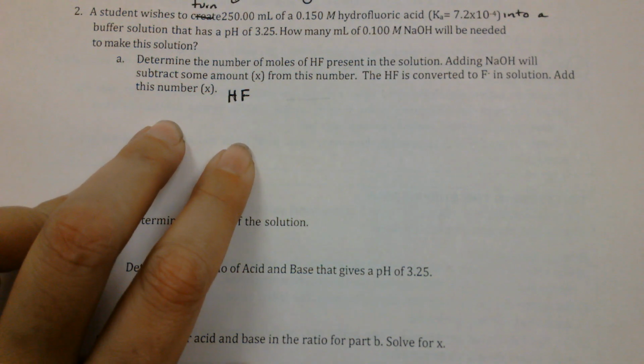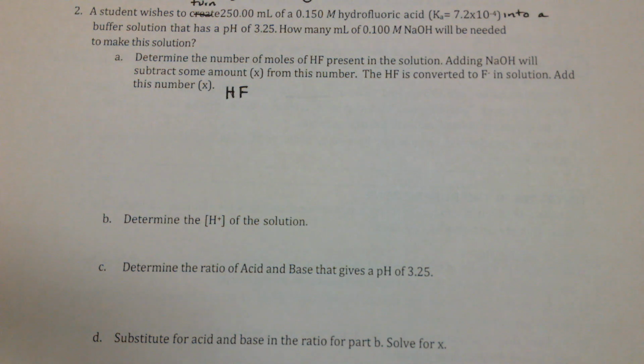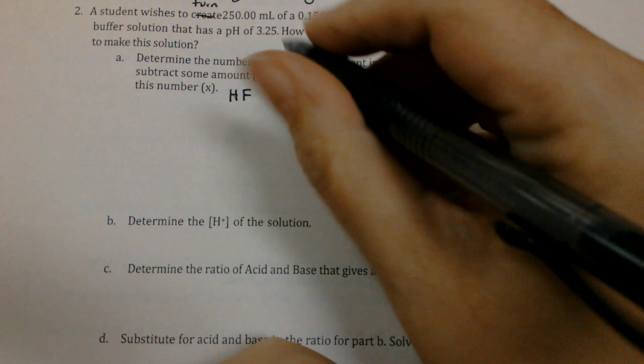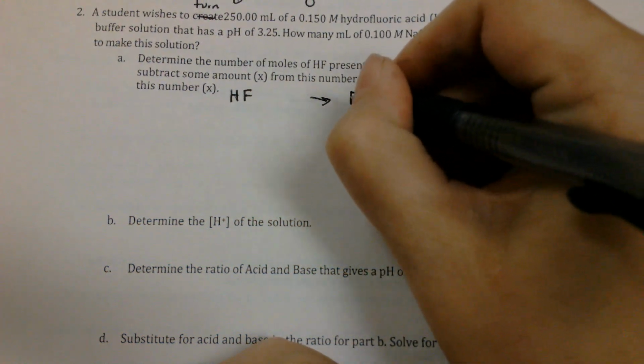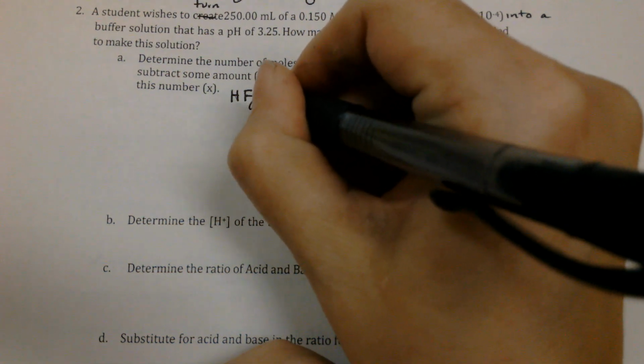In order to make a buffer, I need to put the conjugate base in there. So what is the conjugate base of HF? The conjugate would of course be F minus. So we need to react some of this HF and make it into the conjugate base, F minus.